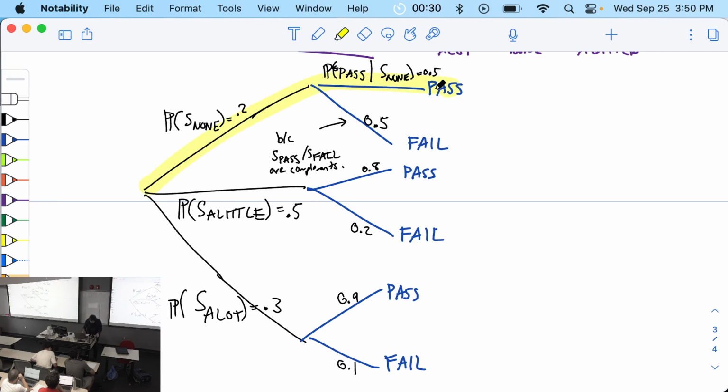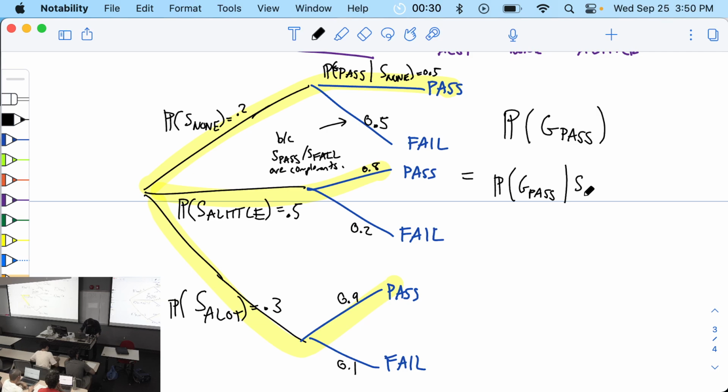There's this path, and this path. So the probability overall that your grade is a pass is a sum over all of these ways. So let's write it out. There's pass given you study none times the probability of none. That is the very tippy top branch.